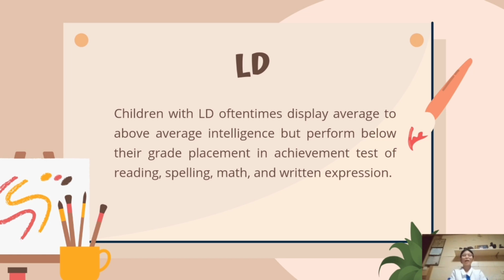So to identify the LD, children with LD oftentimes display average to above average intelligence but perform below their grade placement in achievement tests of reading, spelling, math, and written expression.